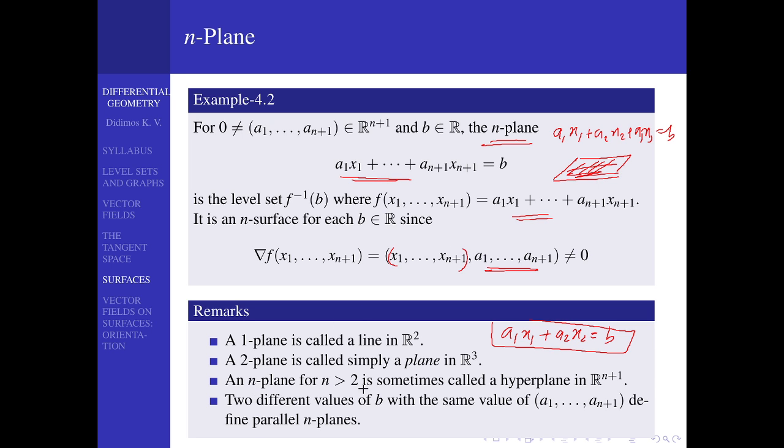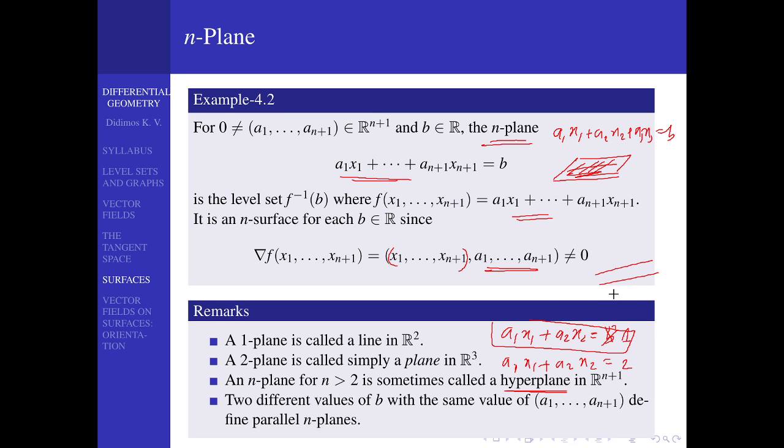Now, an n-plane for n greater than 2 is sometimes called a hyperplane, and these are the names we need to remember in the further discussions. Two different values of b with the same values of a1, a2, etc., a(n+1) define parallel planes. That means once you define a1 x1 plus a2 x2 equal to some b first, then you define a1 x1 plus a2 x2 using the same values of a1 and a2, with some other value of b, so you can get two parallel straight lines.